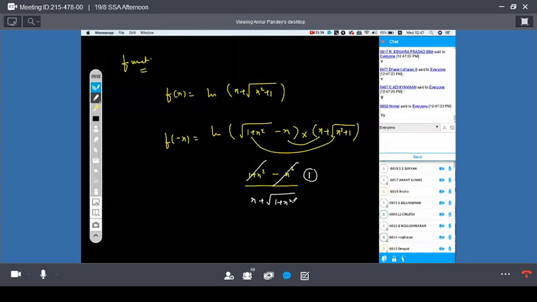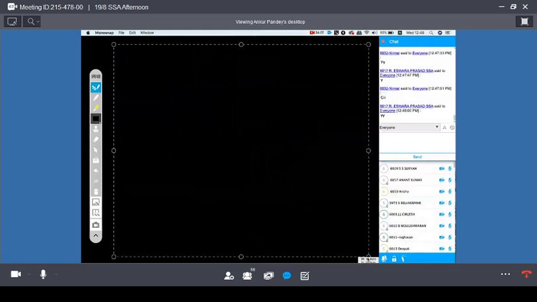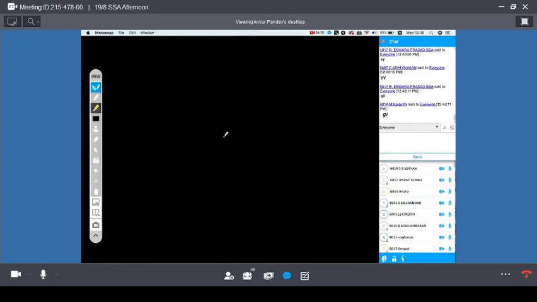Yes or no? The same thing can be easily written as x plus square root 1 plus x squared to the power minus 1, which makes it minus of log. Yes or no? So f of minus x is minus of f of x. Clear? It is an odd function. Got it? Very good. Nice question. No problem.